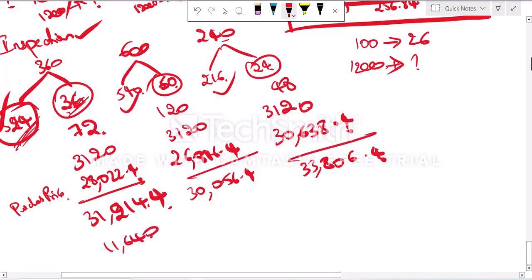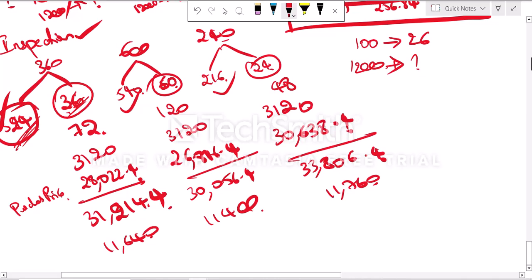Same as the above situation, 12,000 minus 600, 11,400, and 12,000 minus 240, which is 11,760.